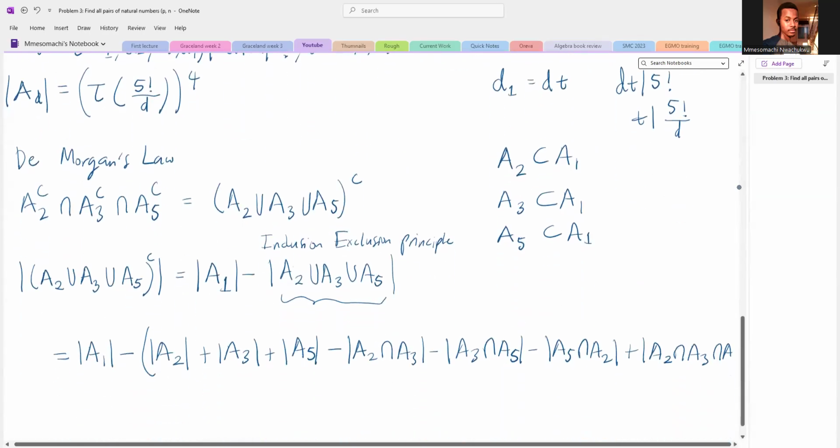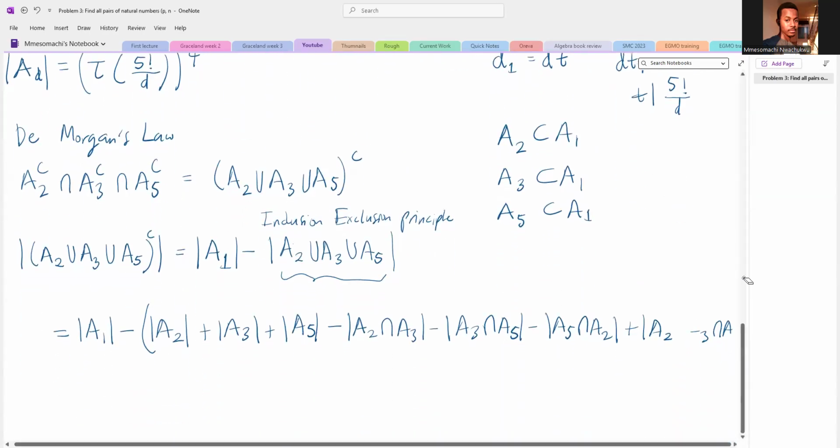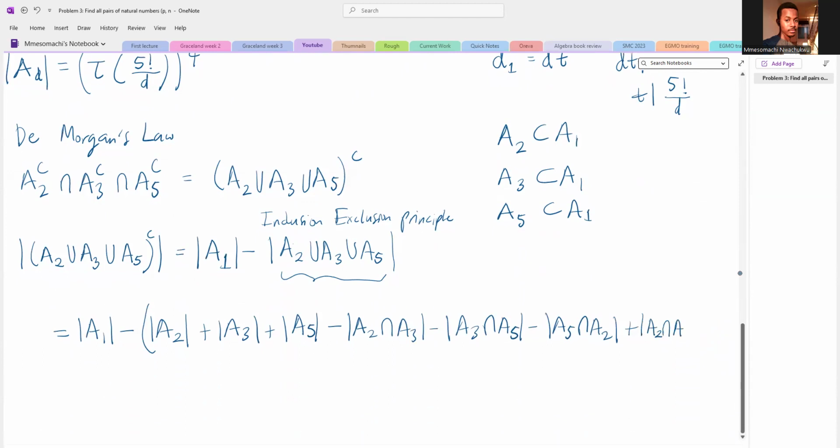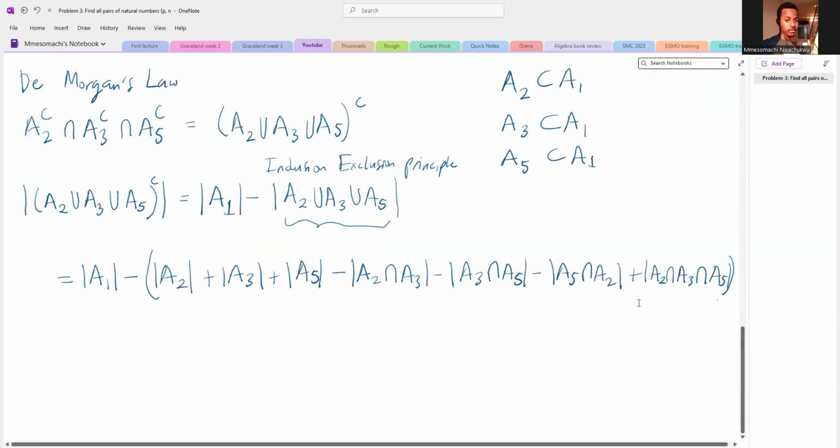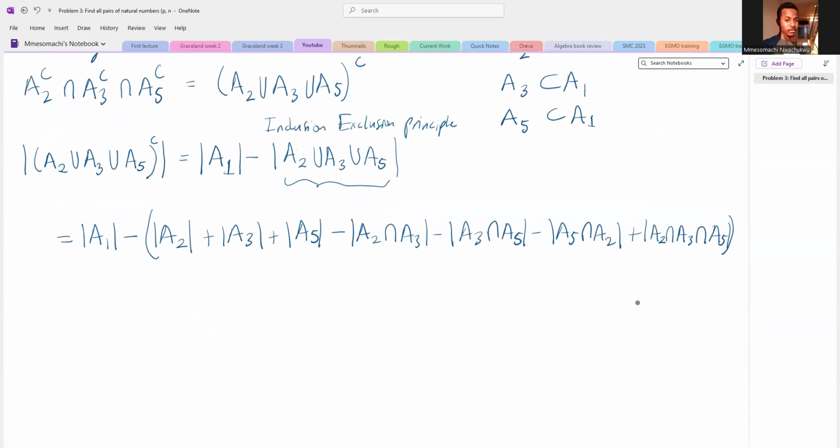Sorry about that, I'm doing small writing. A2 intersect A3 intersect A5. Recall that we said we can simplify A2 intersect A3, for example, as just A6.